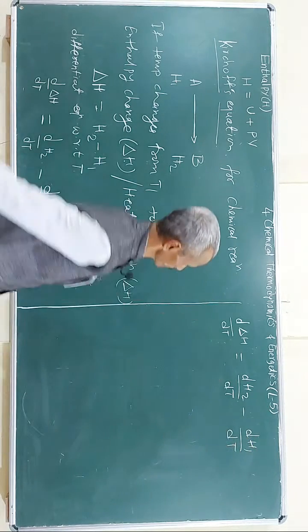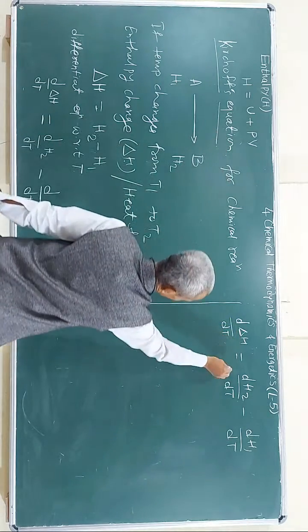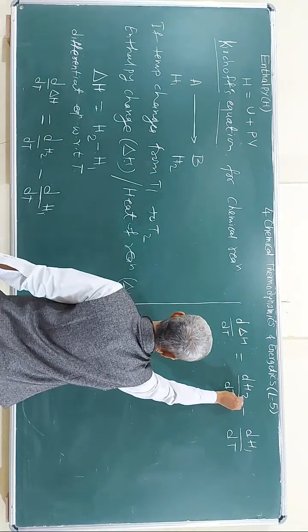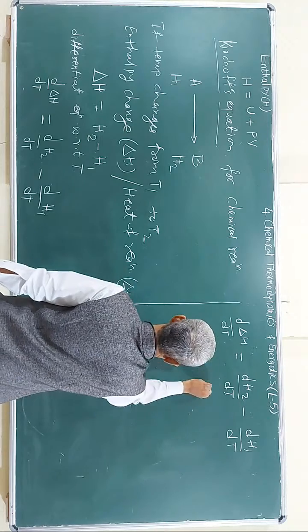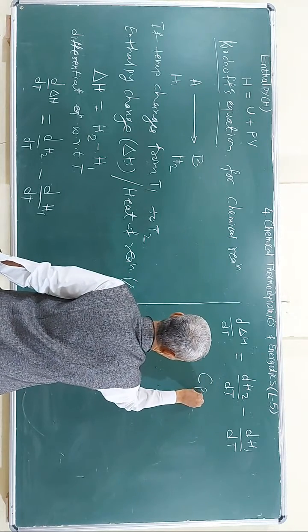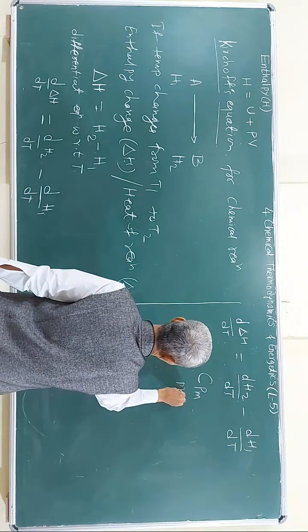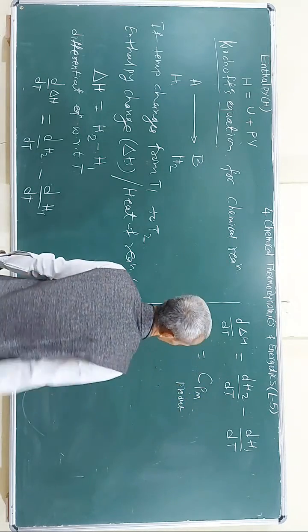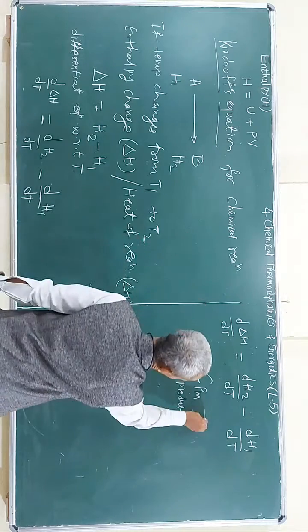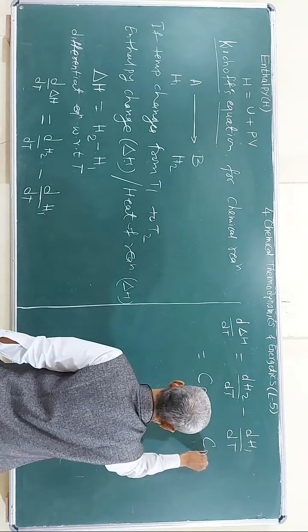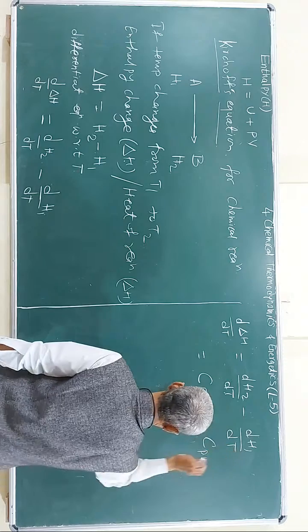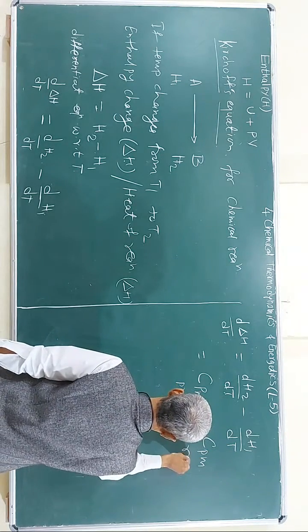So what is it? This is nothing but dH2/dT, that is the molar heat capacity of the product, minus the molar heat capacity of the reactant.